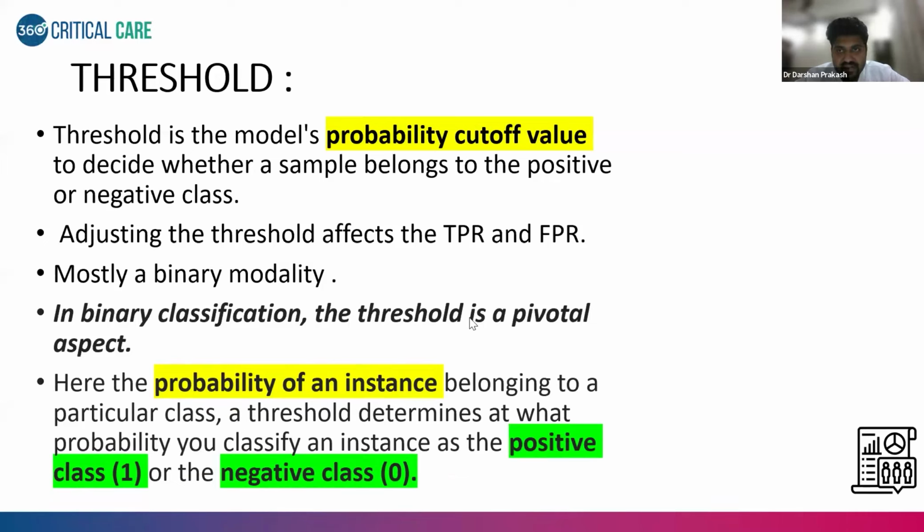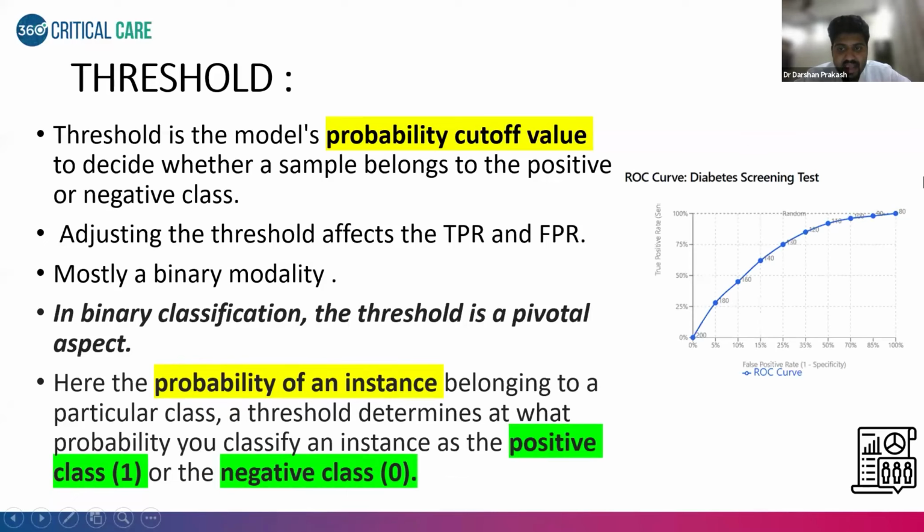So here, let us take a diabetic screening test as an example. All these horizontal lines that you are looking at, they are thresholds. They are cut at regular intervals by vertical lines. Correct? So if you place your cursor anywhere on these points, you will get a particular threshold. That threshold can help us understand the probability cutoff. Okay.